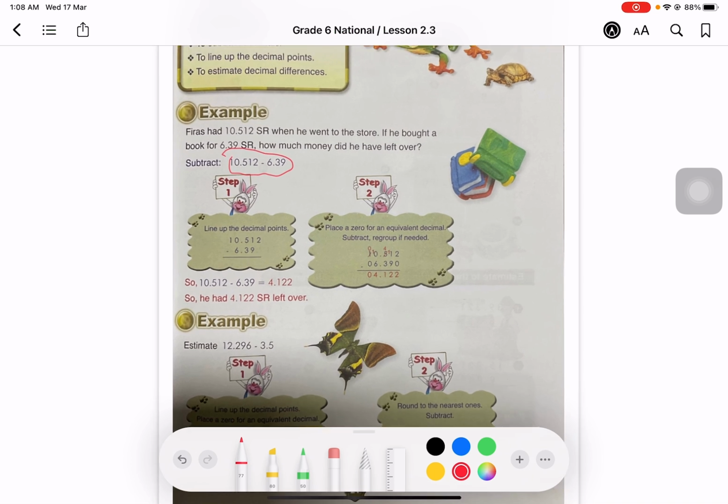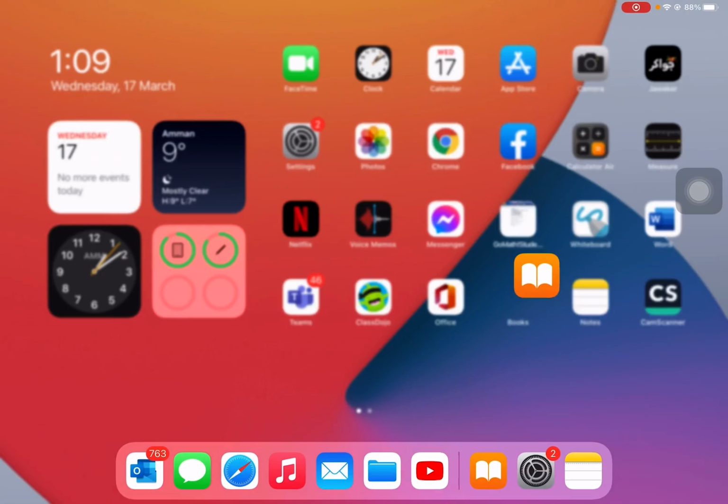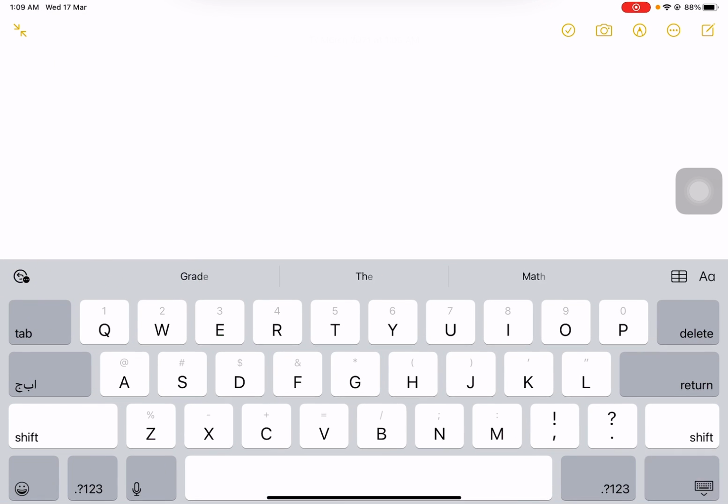Look how they align the numbers under each other. They started with the money he had. He had 10.512. We are going to subtract from it 6.39. You are going to align the decimal under the decimal. Then you are going to subtract. Let us go to the notes. I will align my numbers under each other.